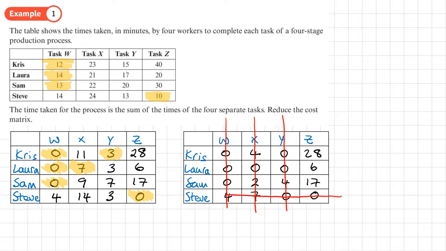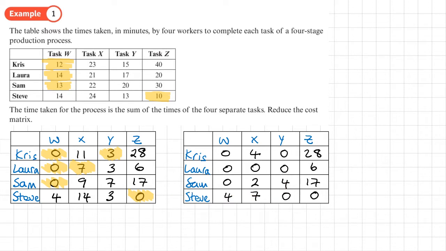Now there may be other ways of covering all of the zeros, but I can't do it in less than 4 horizontal and vertical lines. Now since this is a 4x4 grid, this tells me actually this is an optimal solution. 4x4 grid, and we've used 4 lines. And then we would go about allocating workers to tasks.